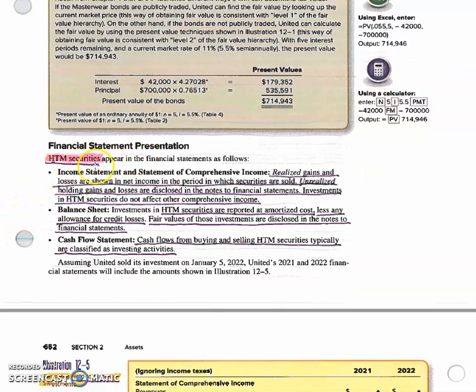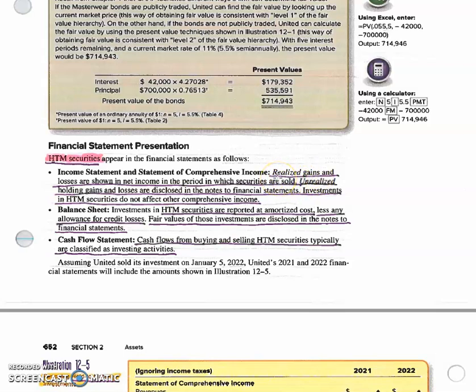Here it gets into the financial statement presentation of held to maturity securities, income statement, and the statement of comprehensive income. We recognize the gains and losses as shown in the income statement in the period in which the securities are sold. That's realized gains.